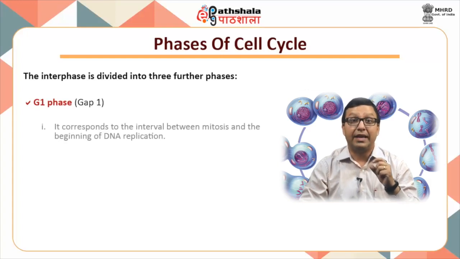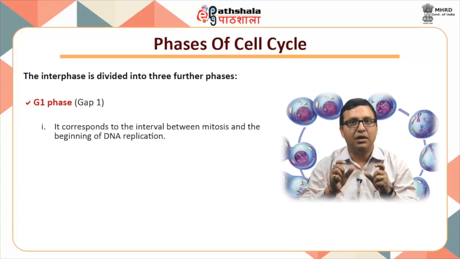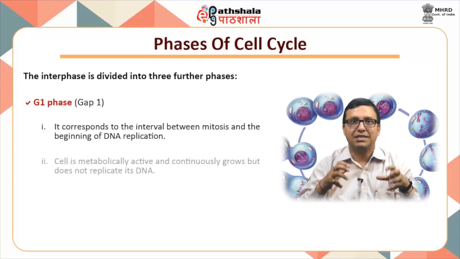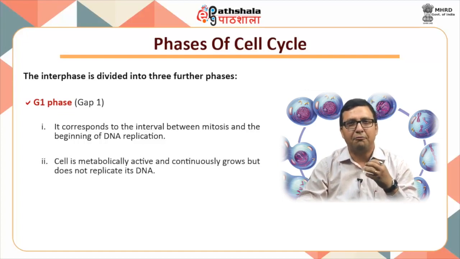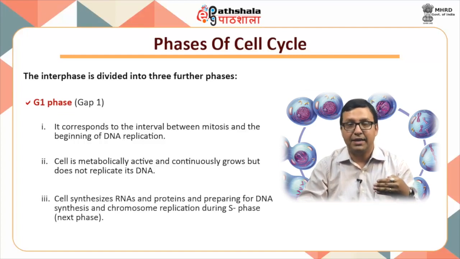It is the interval between mitosis and the beginning of DNA replication. During this phase, the cell is metabolically very active but does not replicate its DNA. The cell basically prepares itself for DNA replication by synthesizing RNAs and proteins.